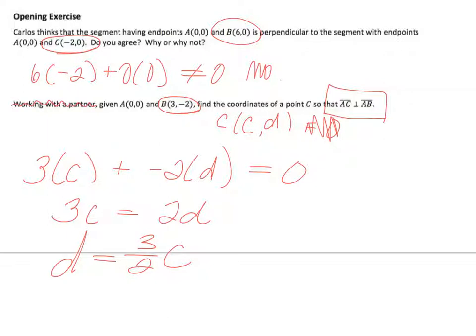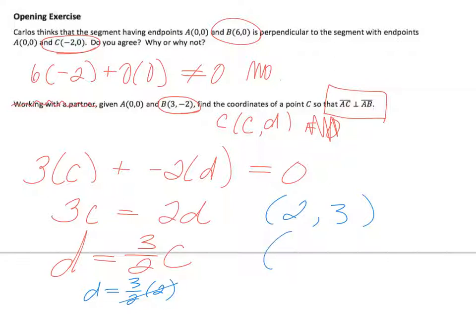So let's just choose, I don't know, C equals 2. So if I plug a 2 in for C, D would be 3. So that's a possibility, right?